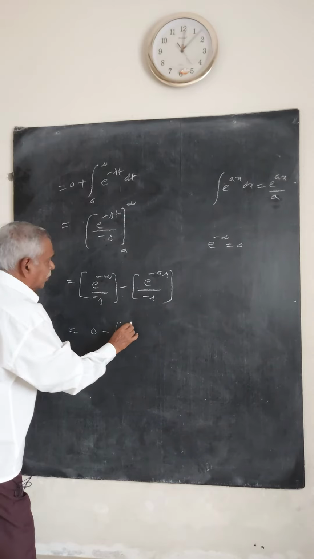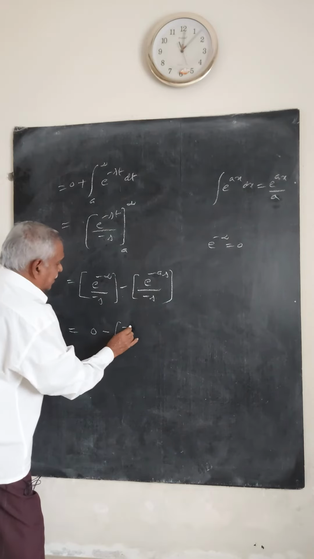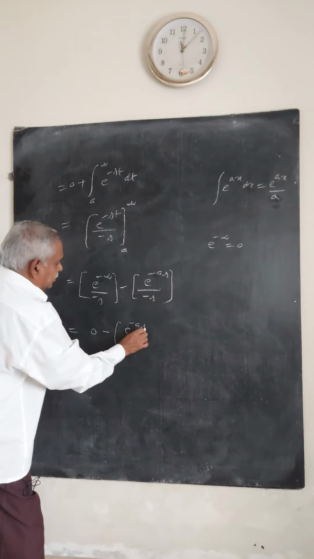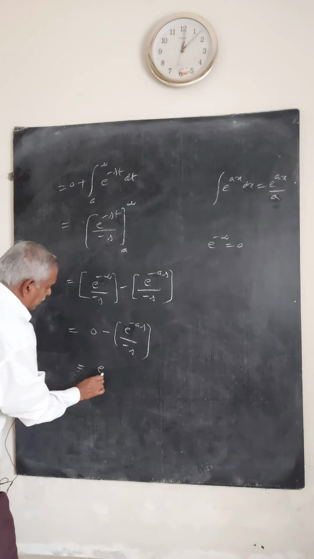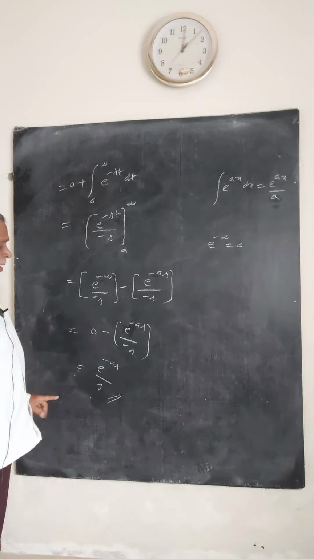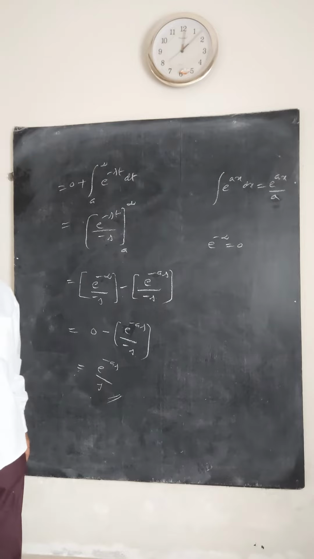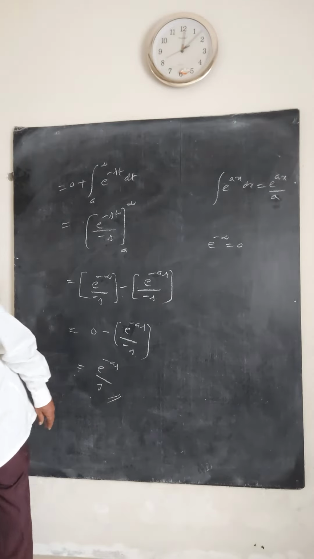Minus the lower limit t equals a gives e^(-as) by minus s. Therefore, e^(-as) by s is the Laplace transform of the unit step function.